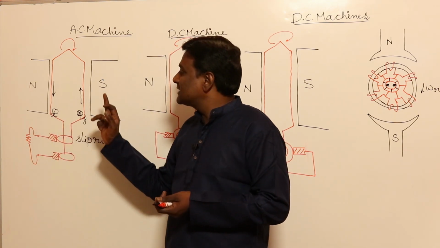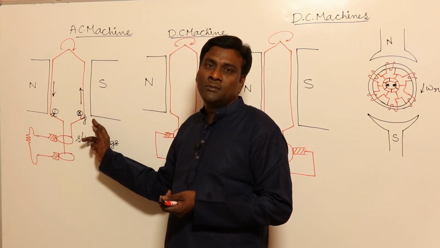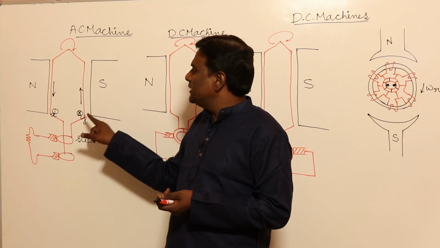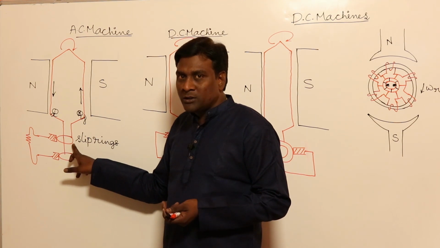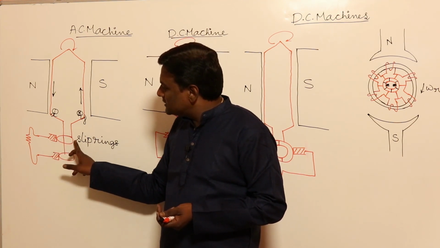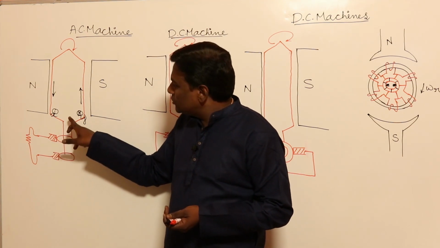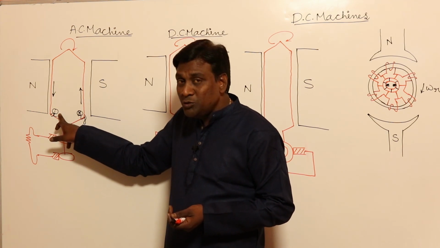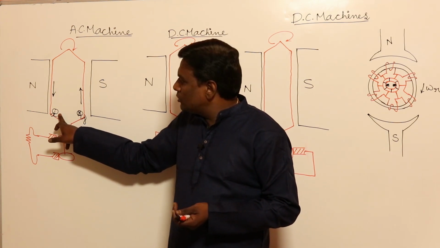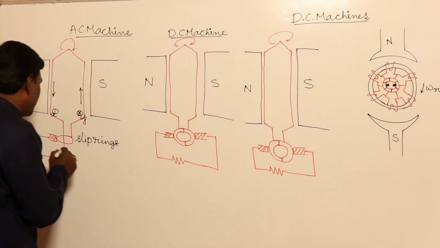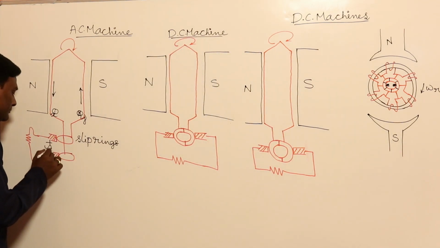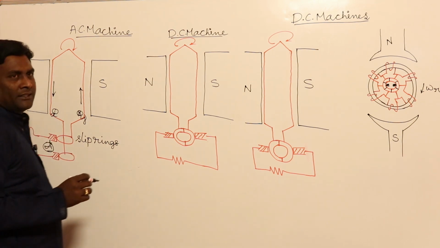After that, once conductor X reaches the S pole region, the induced voltage will be reversed. If you tap that through slip rings with brushes, the induced voltage is sinusoidal, so across the slip rings also it is sinusoidal, or at least AC we can say.